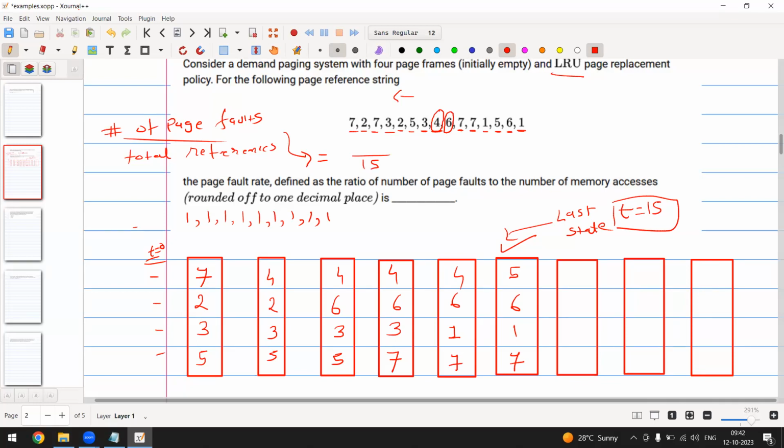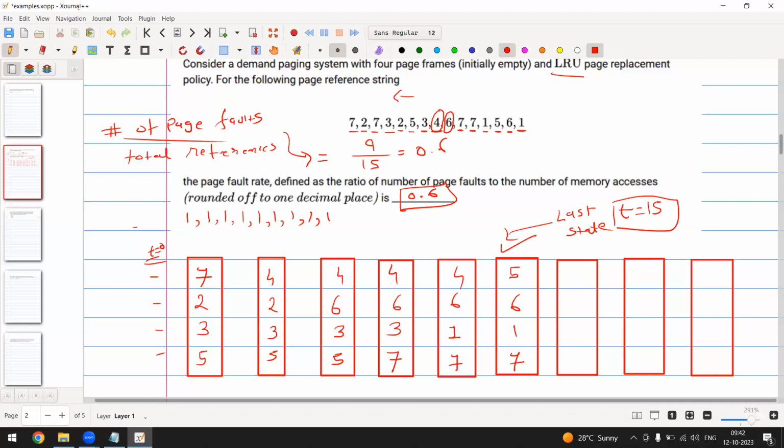So if you see 1, 2, 3, 4, 5, 6, 7, 8, 9. So 9 divided by 15. That is my page fault rate, and it's equal to 0.6. So here the answer is 0.6, the page fault rate.